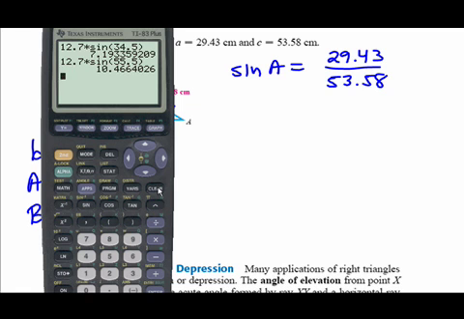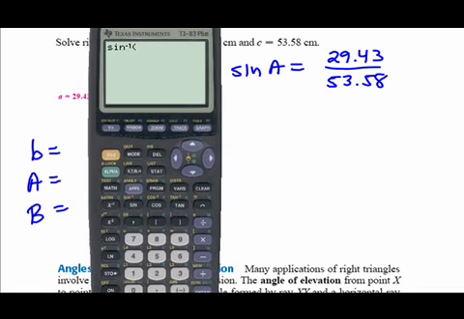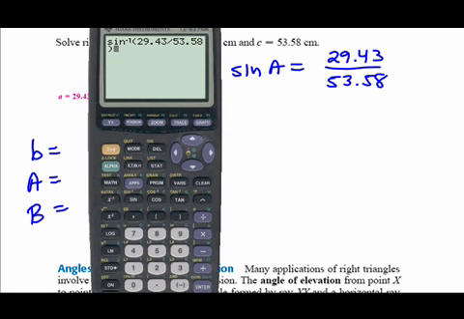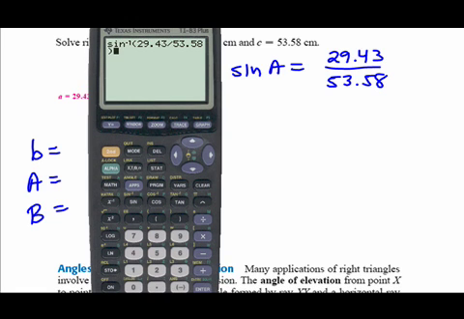So we'll say calculator, inverse sine of, and I'm going to simply enter that fraction in as I see it, 29.43 divided by 53.58. And again, the calculator will always give you quadrant 1 solutions, which is accurate here because we're using a right triangle, which we're always going to get angles between 0 and 90 degrees.